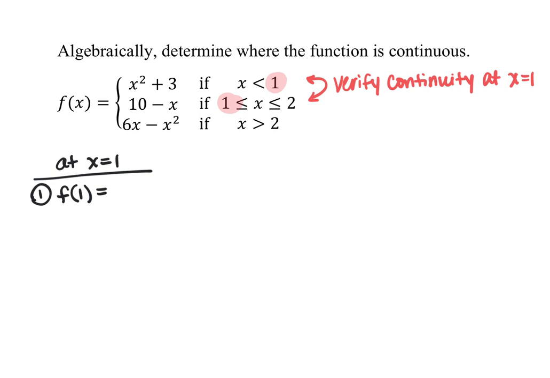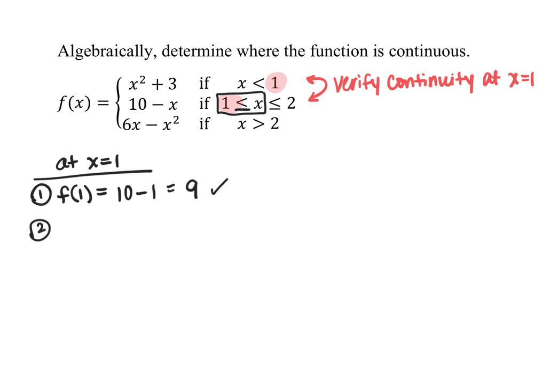And for this particular piecewise function, you can see here that this second piece is for x values greater than or equal to 1. So we know the function is indeed defined at 1. If you wanted to go one step further and find the actual value, you would substitute 1 into the function 10 minus x, so that would be 10 minus 1, and we would get an output of 9. So yes, the function is defined at 1.